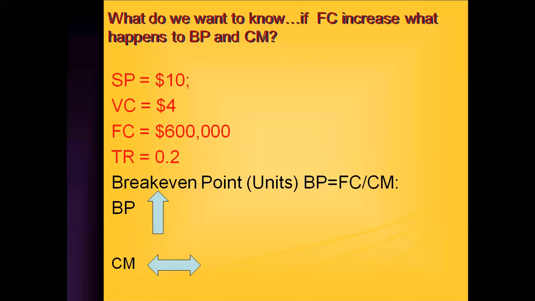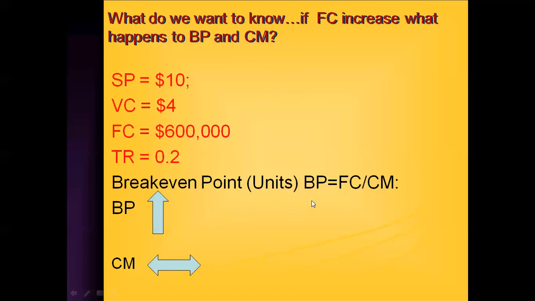Okay, let's quickly review now. So if your fixed costs increase, what happens to your break-even point and your contribution margin? And here again, keeping everything else the same, if your fixed costs increase, your break-even point will increase as well.